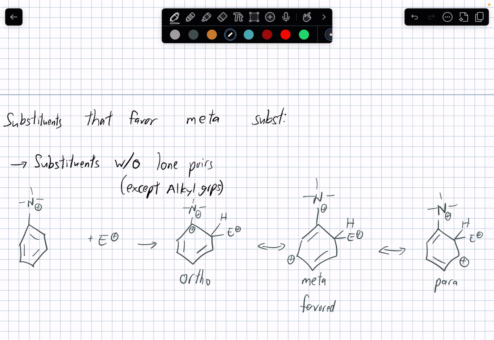Resonance structures where CO and CN double bonds are shown all disfavor ortho-para. They favor meta.